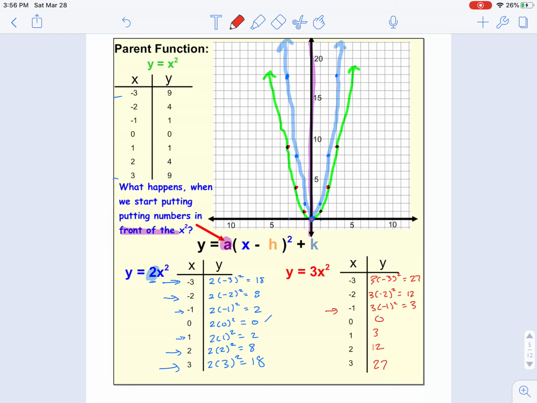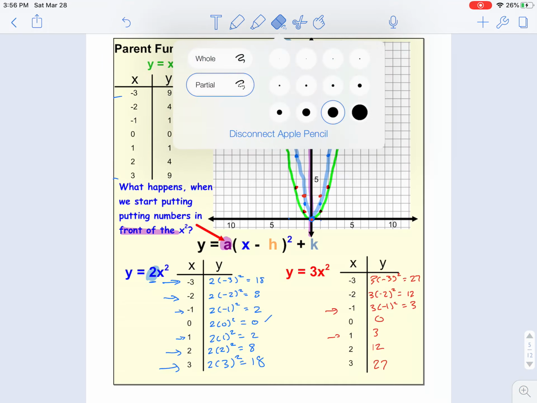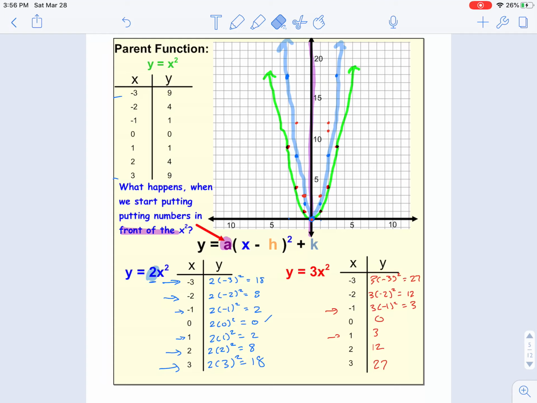So here's my vertex, 0, 0. Now when I go left 1 and right 1, I go up 3. Notice what's happening. These are all being stacked right on top of each other. Okay? Over 2, up 12. Back 2, up 12. I missed that spot there.